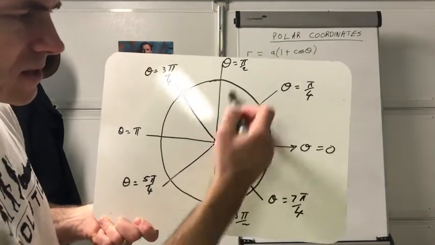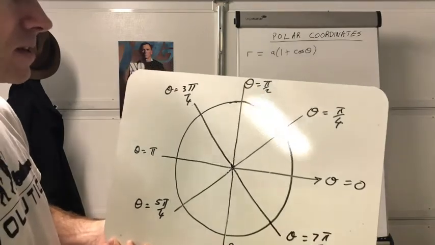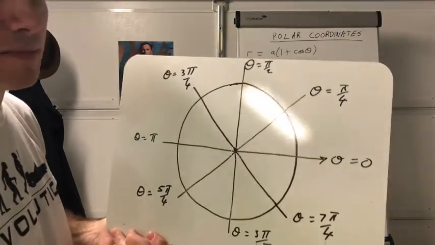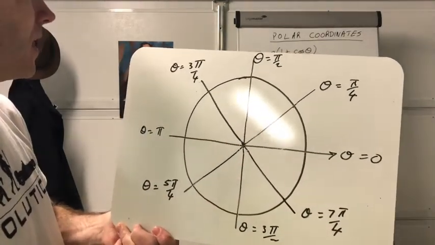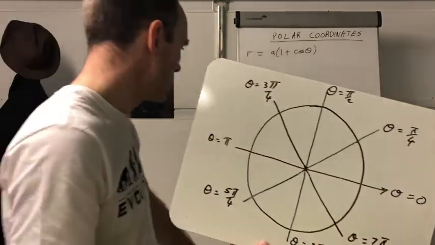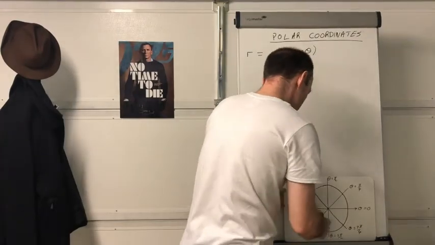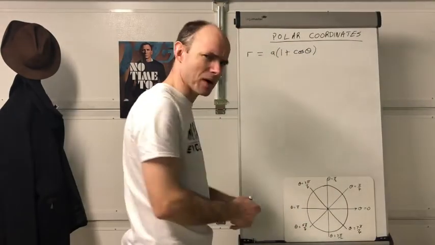You can put more lines in if you wish, but it's kind of handy for what we're about to do. I would sometimes have a template like this drawn on the board, and I'd actually use that to try and work out what's going on. And we'll come back to that shortly. So I'll leave it there where I think you can see it.